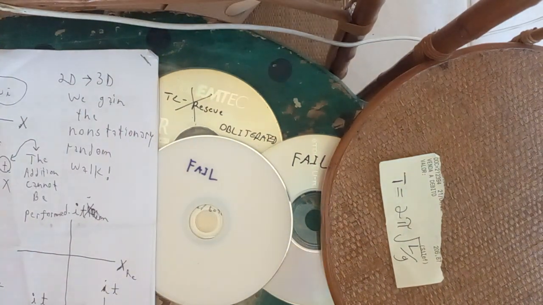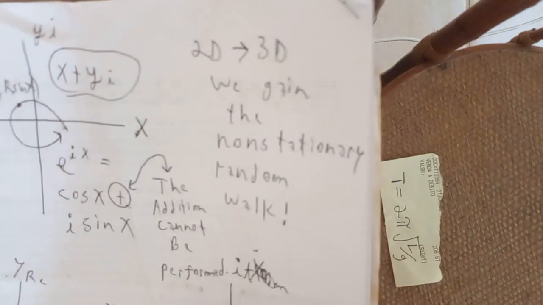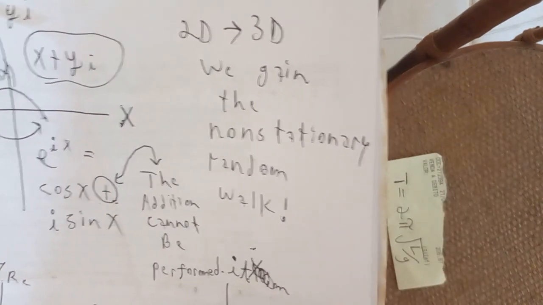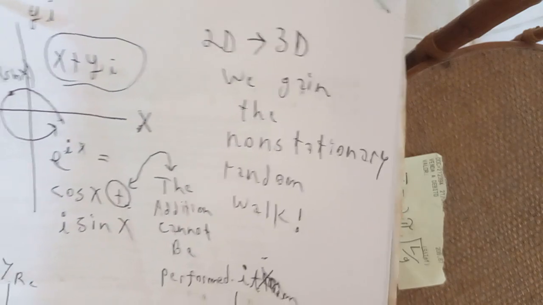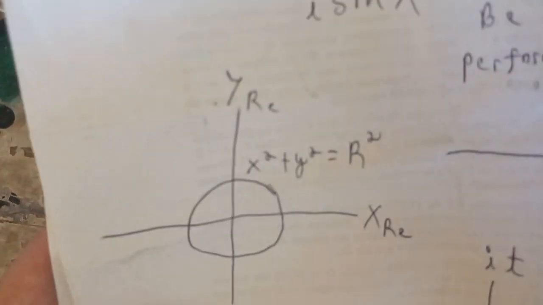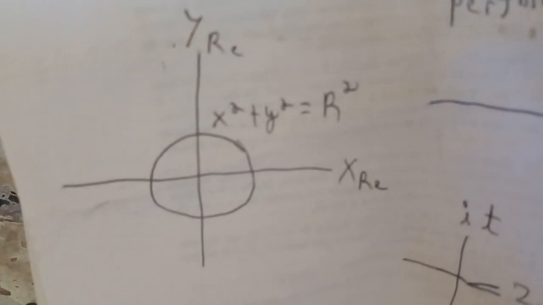But the subject I want to talk about today is this. It's a fact of life that, well, before I talk about this, let's look at a picture of a circle in 2 dimensions, right?